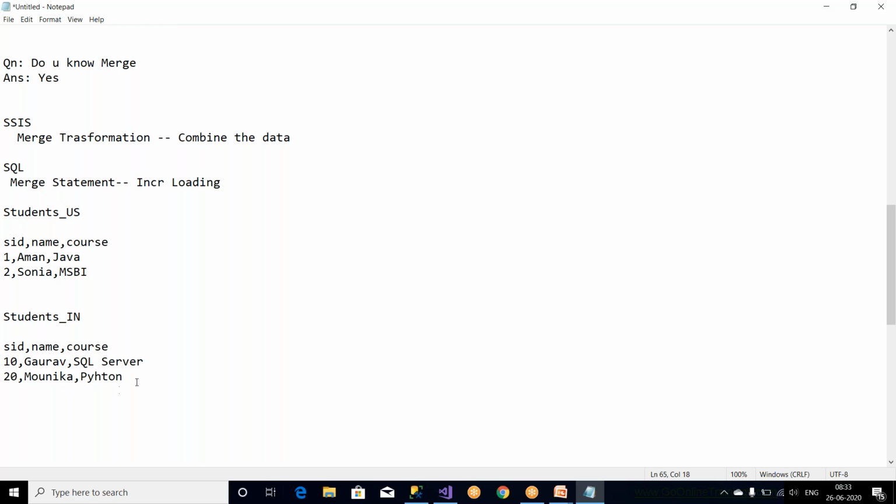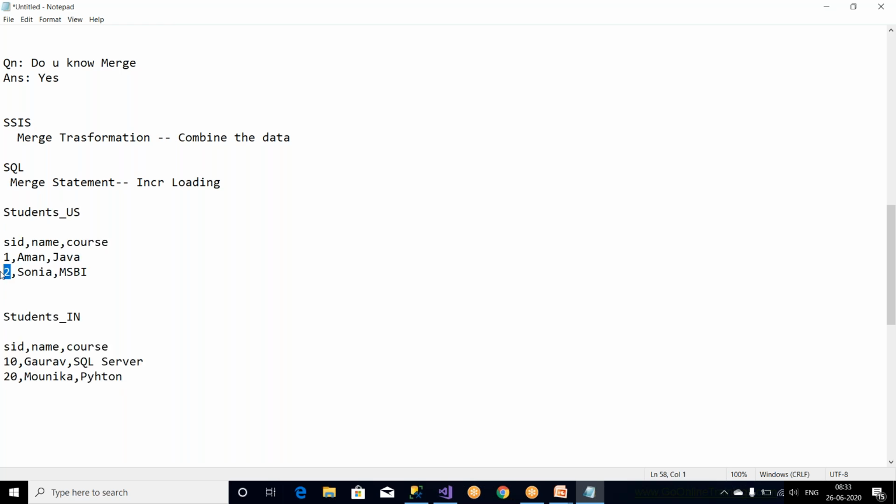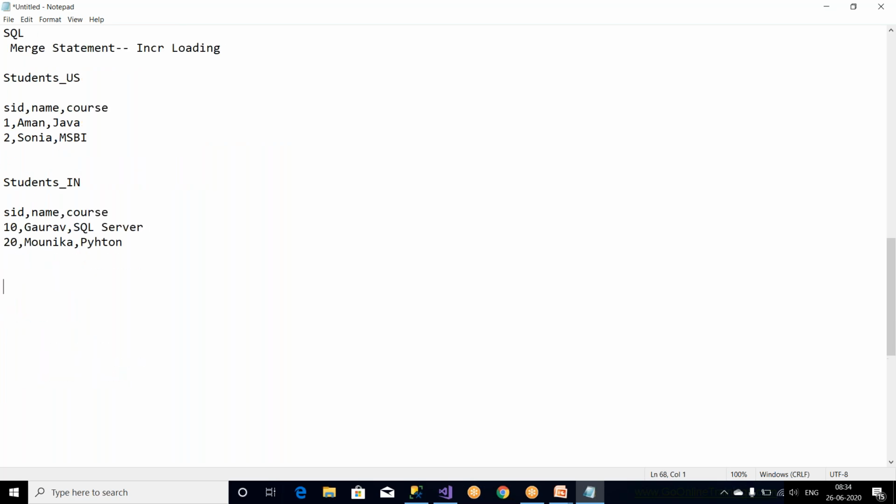Now tell me, can I join these two tables? If you wanted to join these two tables, at least one column should match. What is the column you're matching here? Nothing will match. Clear? But here I would like to take the data from both the tables. I would like to unionize the data. In SQL words, this is called combining.